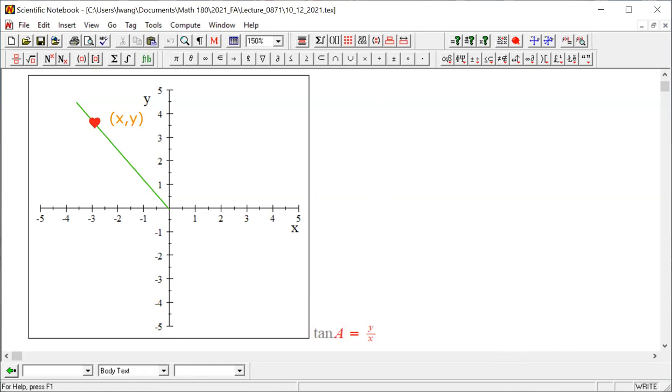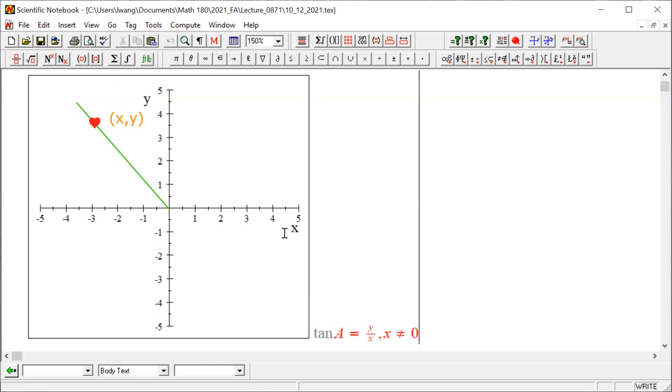Don't you guys see that? As a consequence of this definition, x is the denominator, so x cannot be 0. X can be anything but 0.